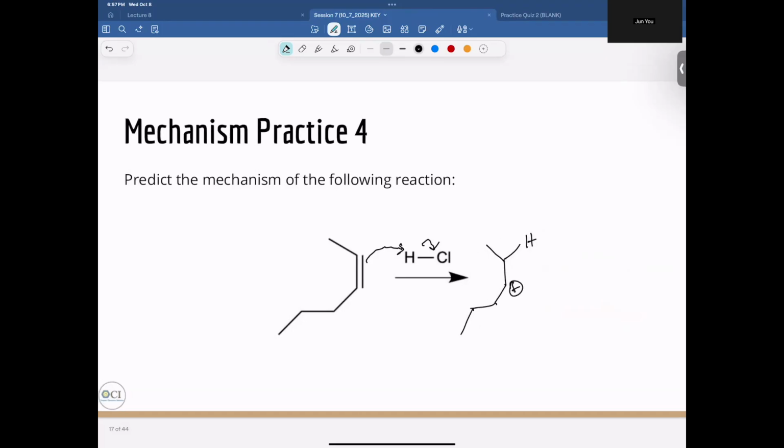And then we still have this chlorine with the negative charge that was formed from this step. It can attack that with a nucleophilic attack to form this as our product.